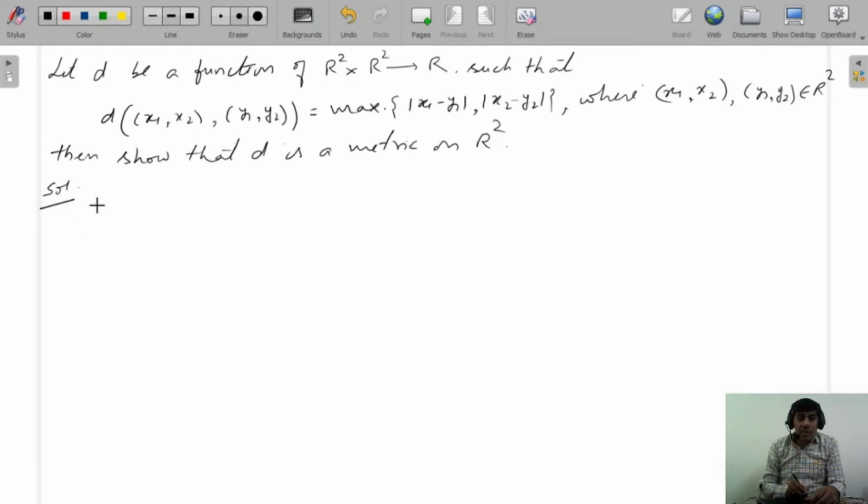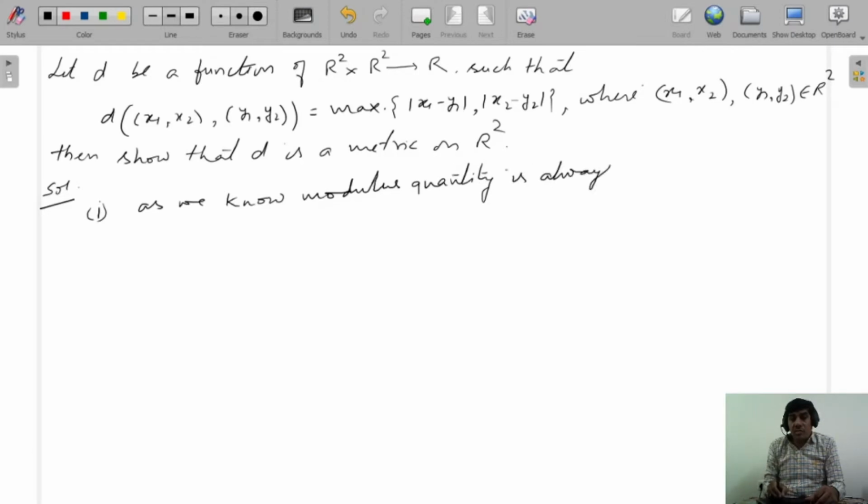The first, as we know, modulus quantity is always non-negative.